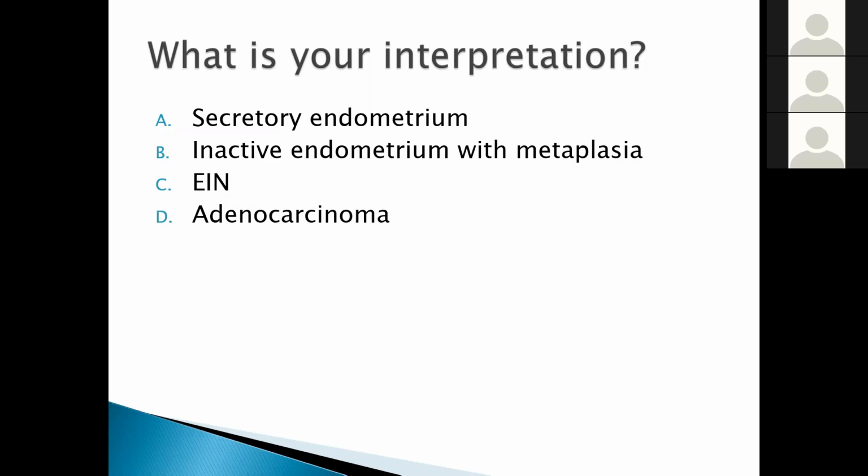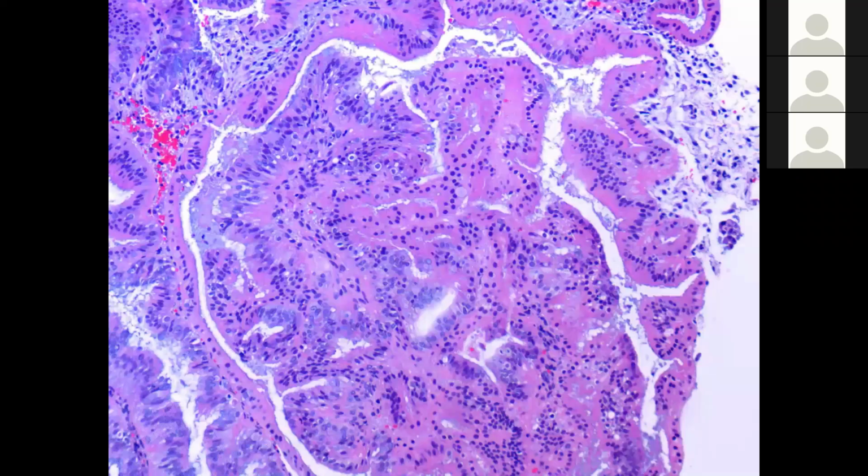D as in dog. Yes. This is a little bit more advanced, but there are a couple of review articles on treated endometrial cancer with progesterone, the changes. The take-home point is mitotic activity will not be present because progesterone shuts down the mitosis in the endometrium. And second, cytologic atypia will not be present either.